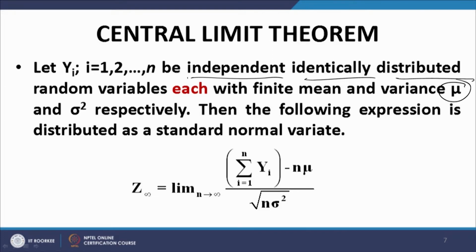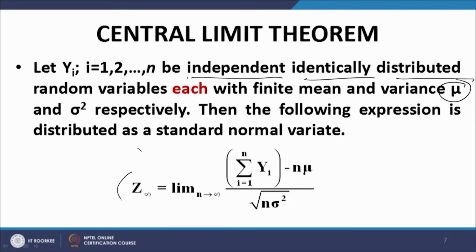Then the following expression, which is given below, is distributed as a standard normal variate. Now, let me repeat this. Let y 1, y 2, y 3 up to y n all be independent identically distributed random variables with finite mean mu and variance sigma square. Then the following expression is distributed as a standard normal variate.